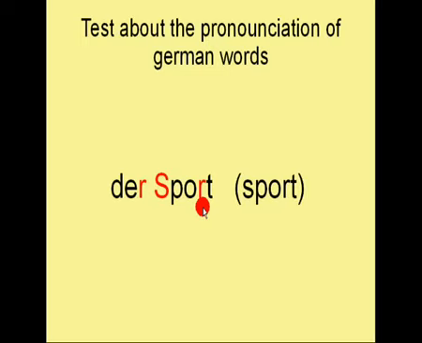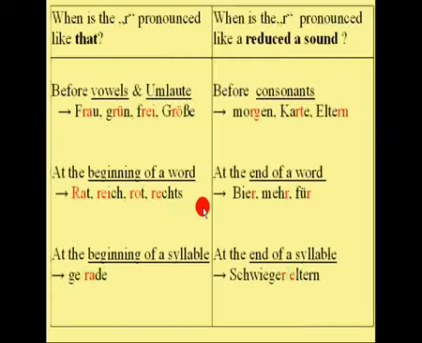And then again here is the question, in which way is it pronounced? Because if you remember from my other videos, the R can be pronounced in two different ways. So how is it pronounced in this case? In this case, it's at the end of a word, and therefore it's pronounced like a reduced R sound.